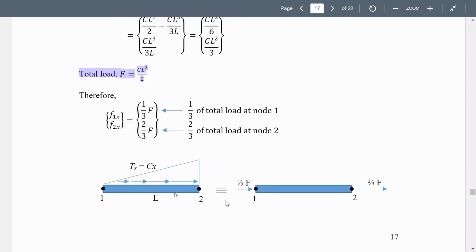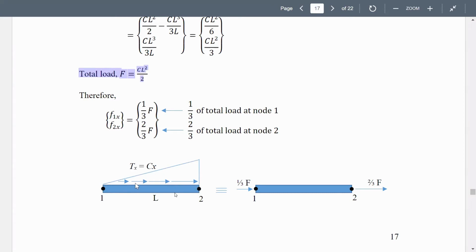So what does it mean? Graphically, you can see it here. This was what we were given originally. Force was distributed along the length. When x is 0, there was no load, and it varies to a maximum like this.